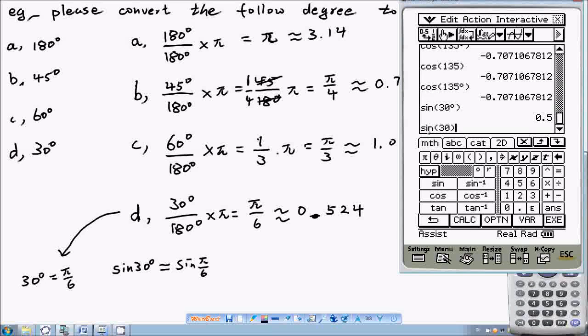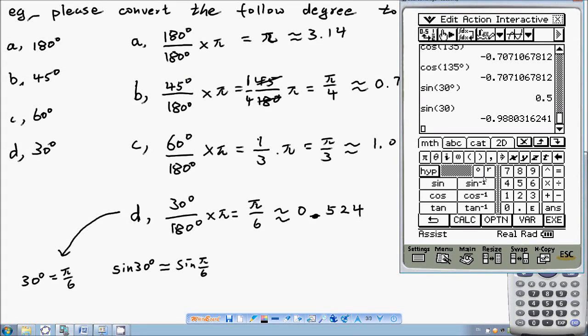If I use sine 30 without entering the little degree sign, I will have a completely different answer. So please remember when you're using calculators, sine 30 degrees, remember to input the little circle there, just on your keypad.